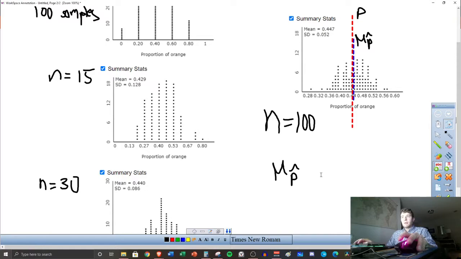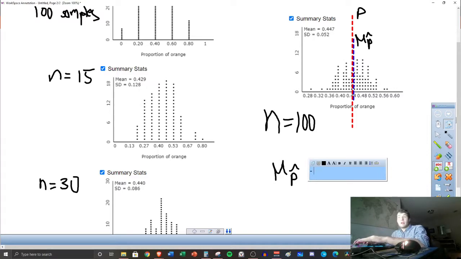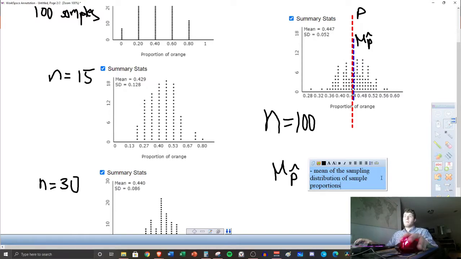All right, I want you to write this in your notes, after you just wrote the other stuff. We want to name this symbol. This is the mean of the sampling distribution of sample proportions. Okay.